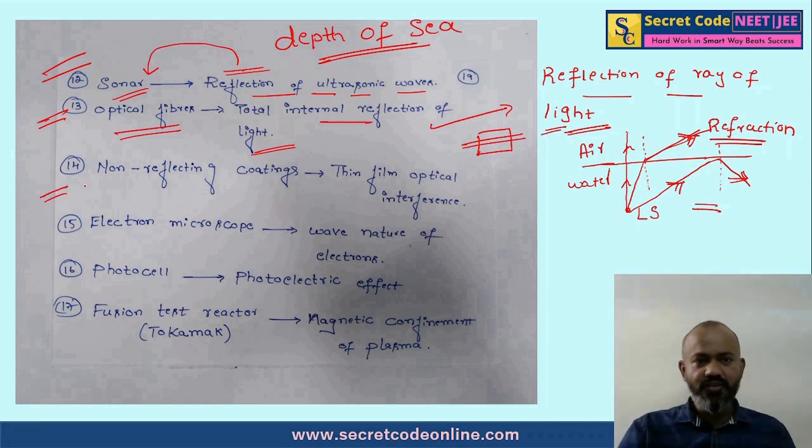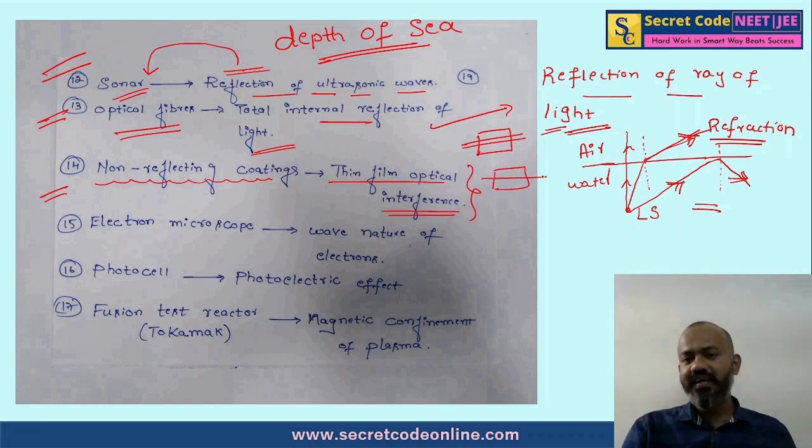The 14th technology is non-reflecting coating. It is based on thin film optical interference. Optical interference is also a big theory which you will study in optics. Thin film optical interference is the physics principle used to develop a technology like non-reflecting coating.